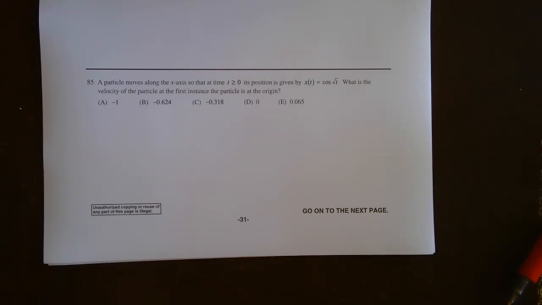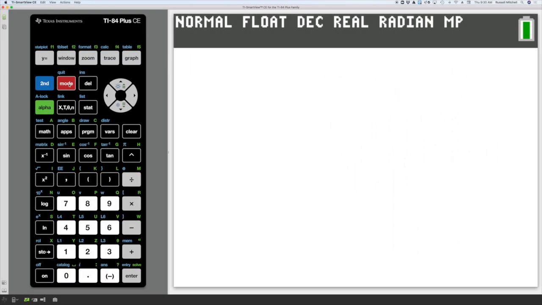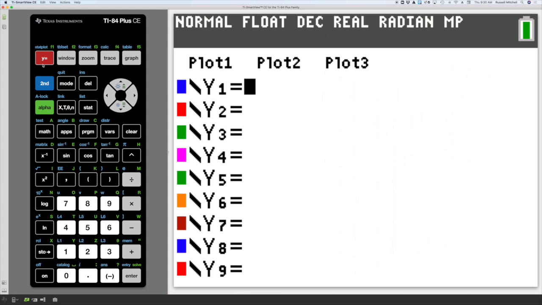All right, so let's go to our graphing calculator and I'll talk us through it. From y equals, we want to type in our function, and it's the position function. So it's cosine of the square root of t, which we'll have to put in as the square root of x.